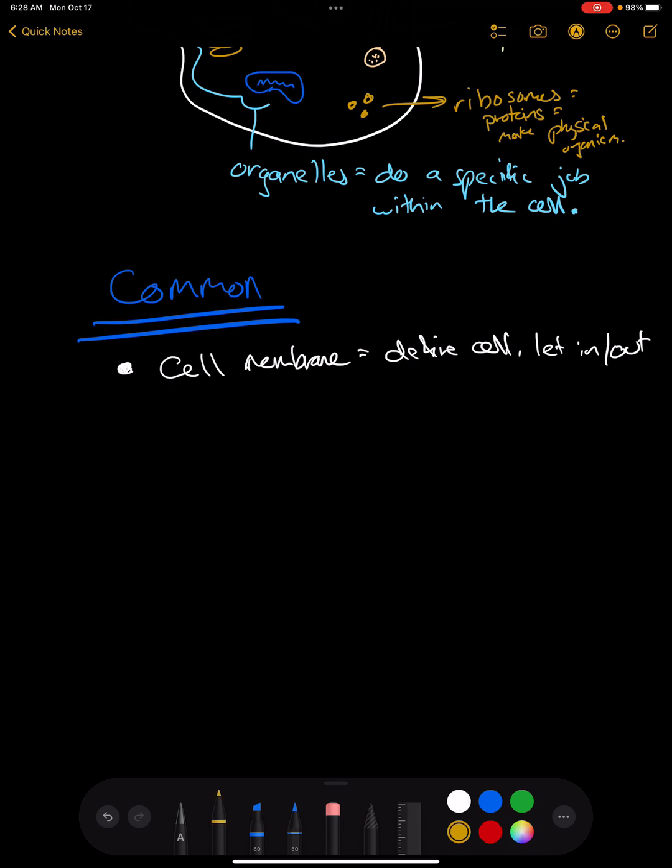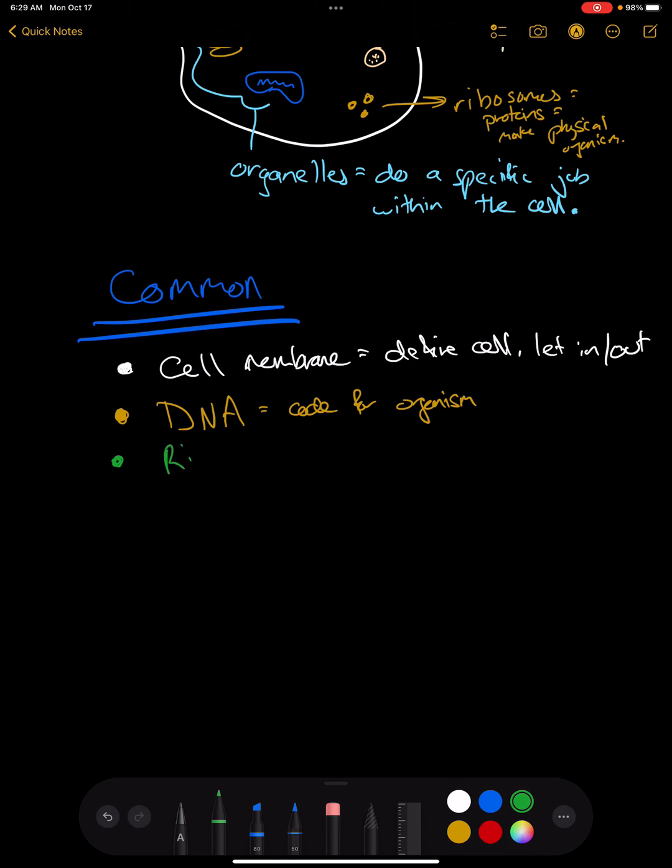The next thing that all cells have to have, because let's go back to our characteristics of life, is some type of DNA, because remember, DNA is going to code for the organism. And it doesn't matter if our organism is one cell or a bunch of cells. You still have to have something that codes for it. And now that you have the information, you have to make a physical manifestation of that code.